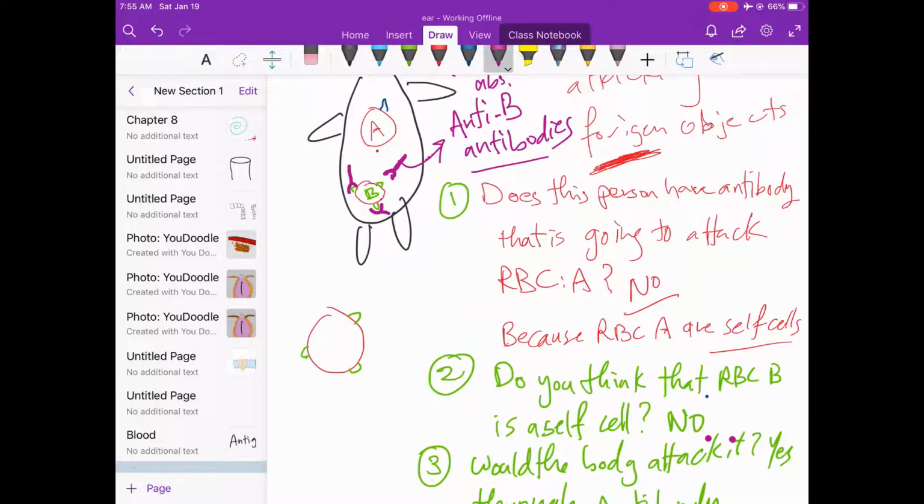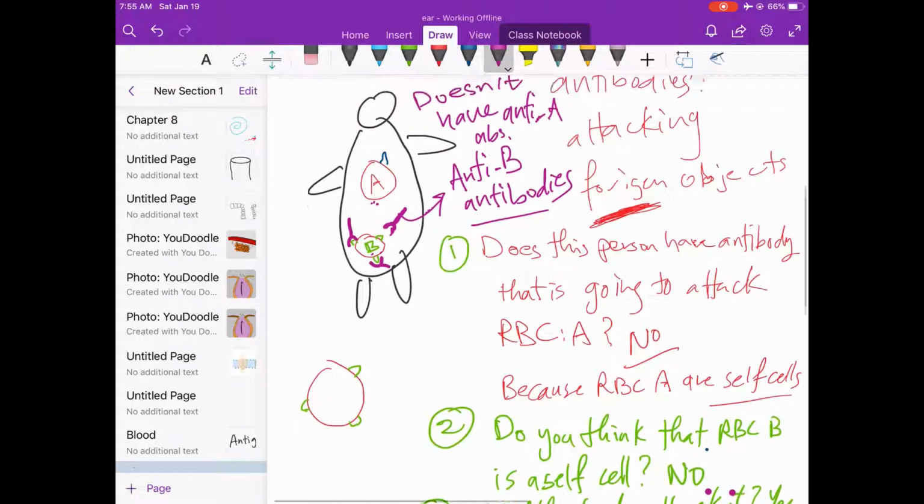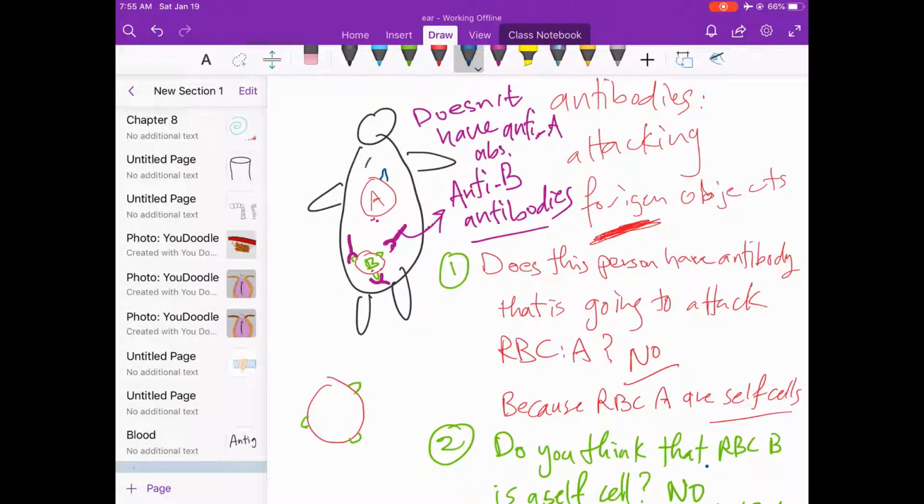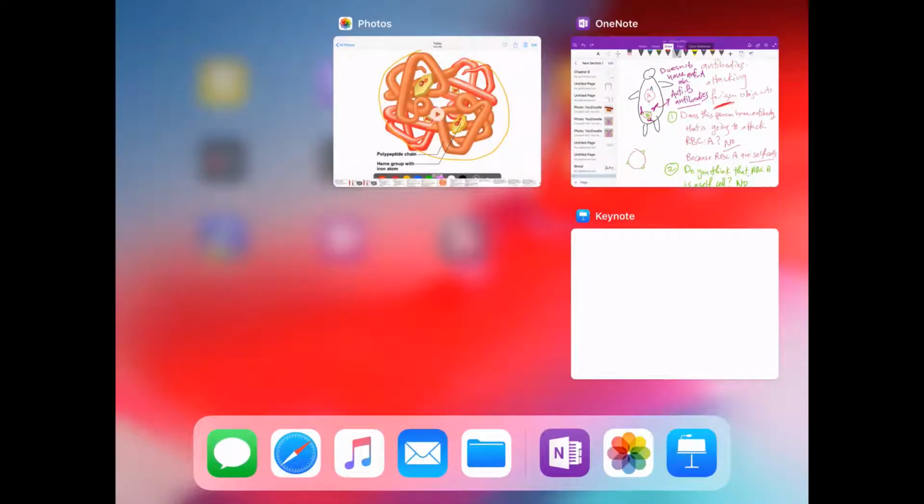In this case, this person has anti-B antibodies because his or her blood group is A. Imagine if they have the anti-A in this case. Then these antibodies will attack the cell, destroying it, and eventually will kill that person, which is something we don't want to happen. So that's why we don't have the anti-A antibodies. Okay? Let's go back to here.